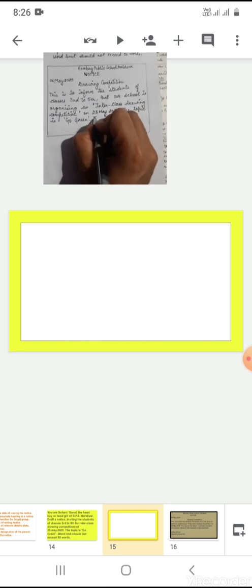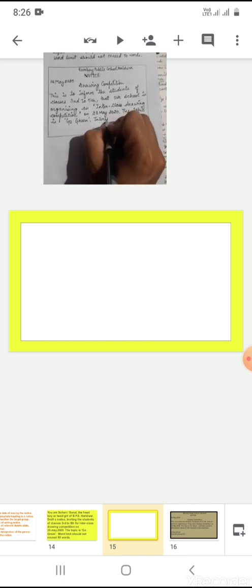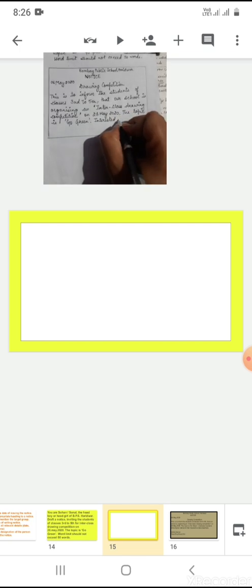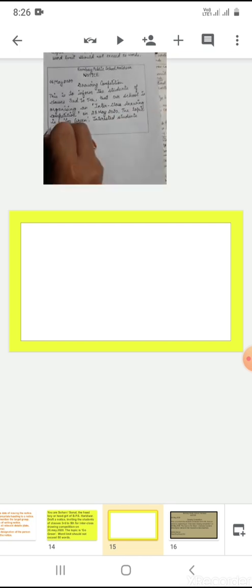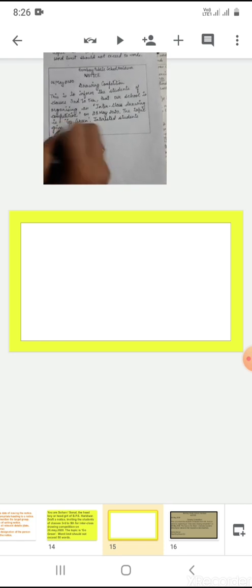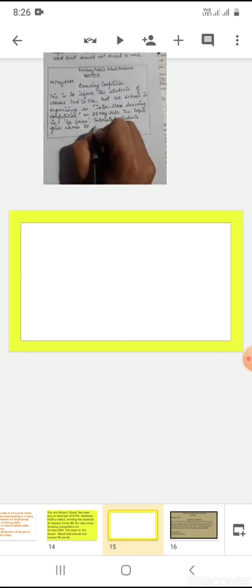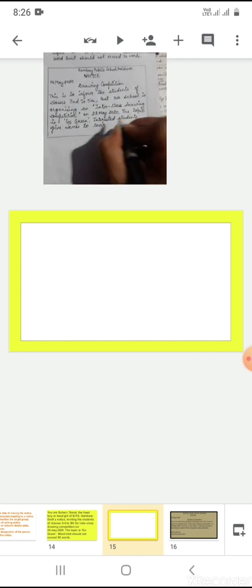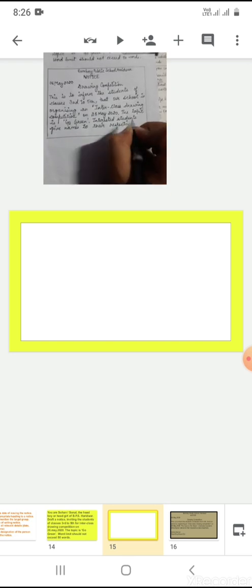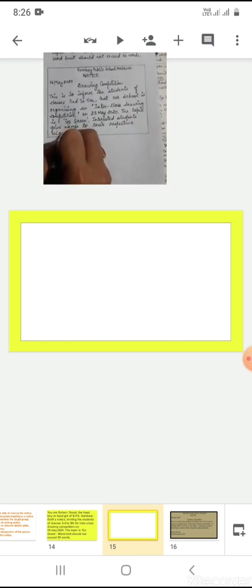Alright. Now, interested students give names to their respective class teachers.